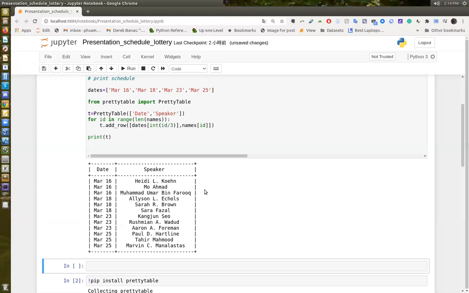For peer review, I will post it as an assignment. I have some kind of rubric for the project, and the rubric will be given later on.